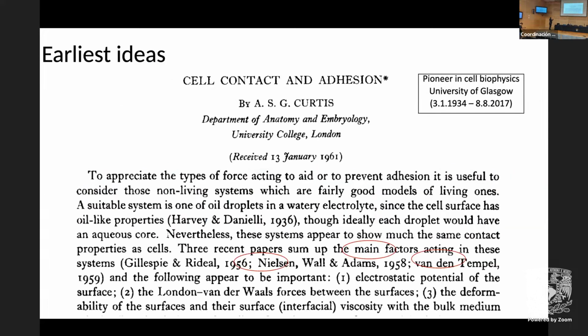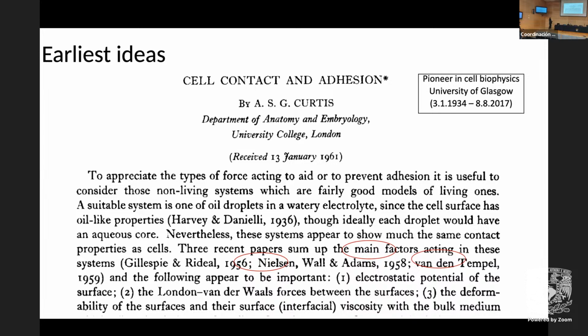Okay, let's go back many years to when people first started wondering how cells adhere. You see the date, this is 1961. People didn't even know what the cell membrane actually looks like. The most known model of the cell membrane, which we more or less accept even today, the fluid mosaic model by Singer and Nicolson, came out in 1972, the year I was born, a long time ago.